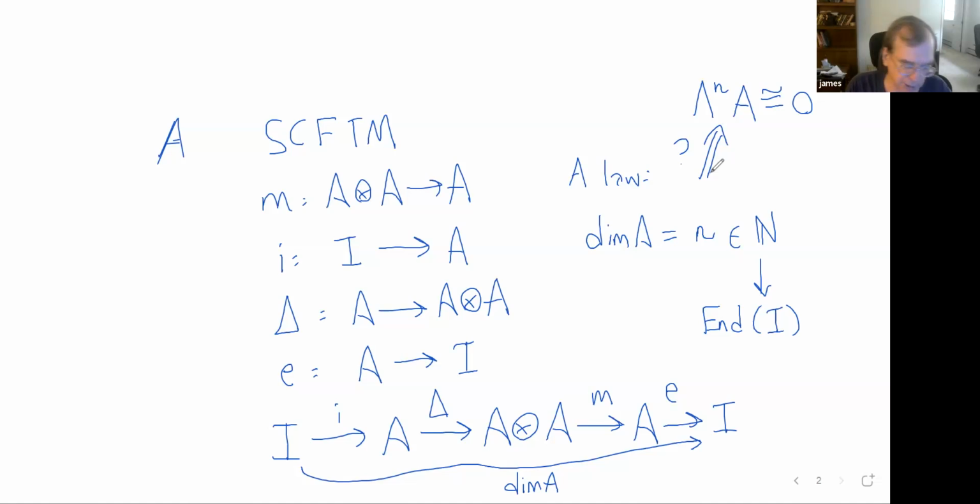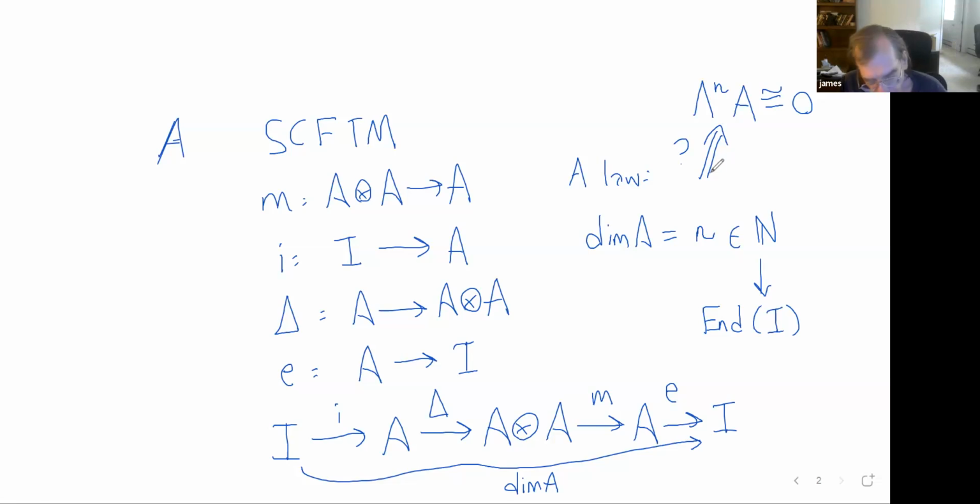Let's mention a couple of things here. There are various stronger and weaker concepts of dimension, or something like dimension, that we can talk about in the context of various doctrines. So far you mentioned this trace quantitative dimension, where you get this endomorphism of the unit object.